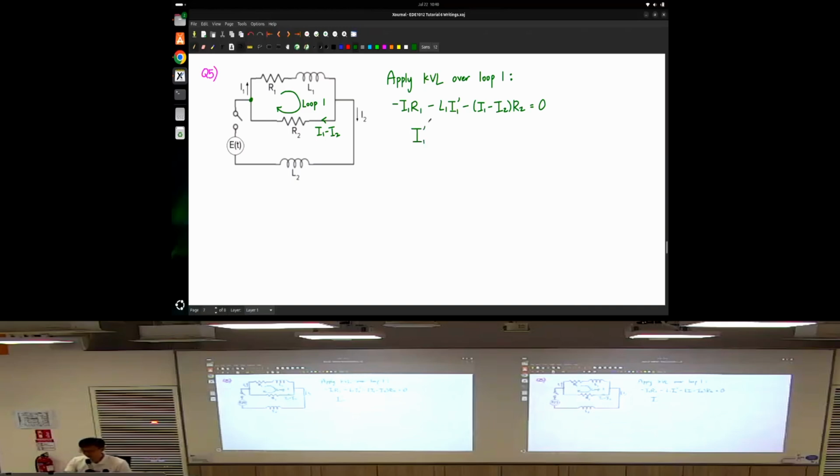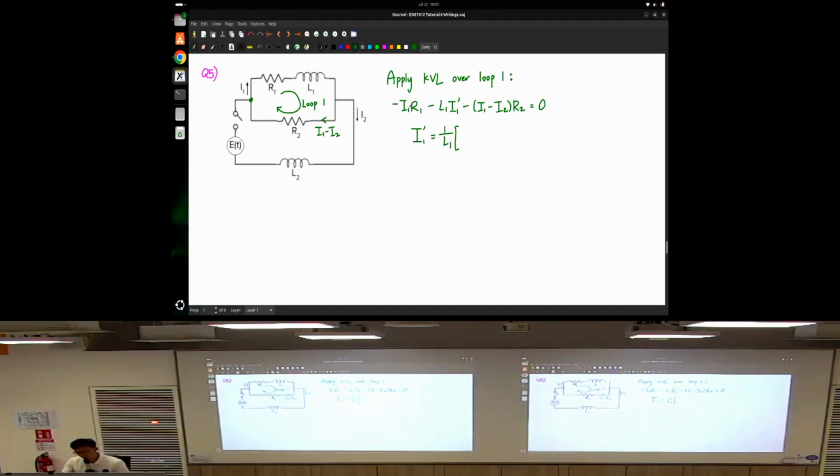Okay, so I'm going to rewrite this ODE with I1 prime as my isolated term, because eventually I'm going to write I prime equals AI. So I'll isolate I1 prime. Then I have 1 over L1, multiplied by minus R1 times I1. Apologies, let me put the I1 together.